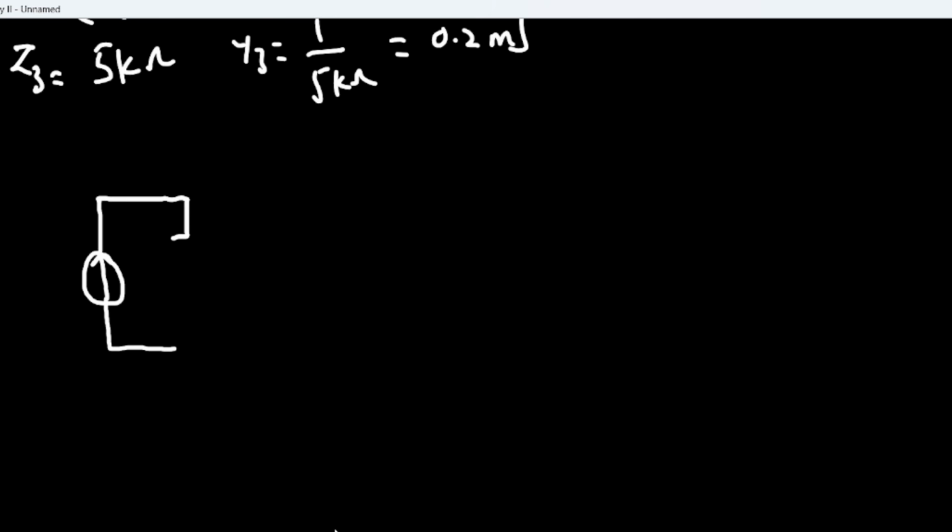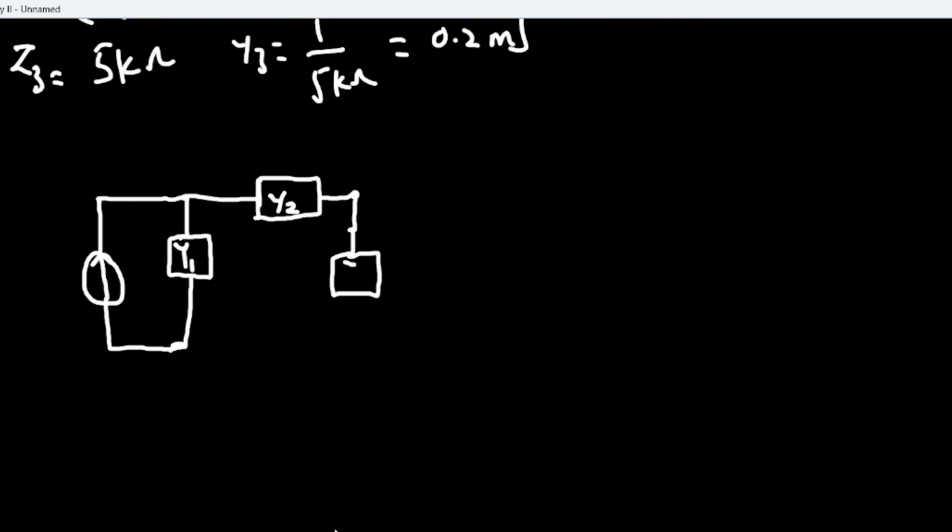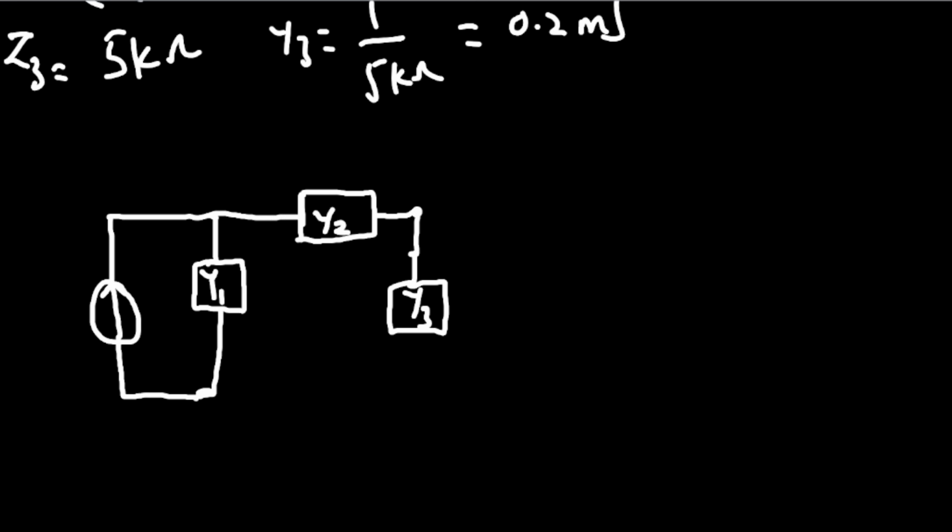So Y1. Then our second branch Y2, and this Y3.